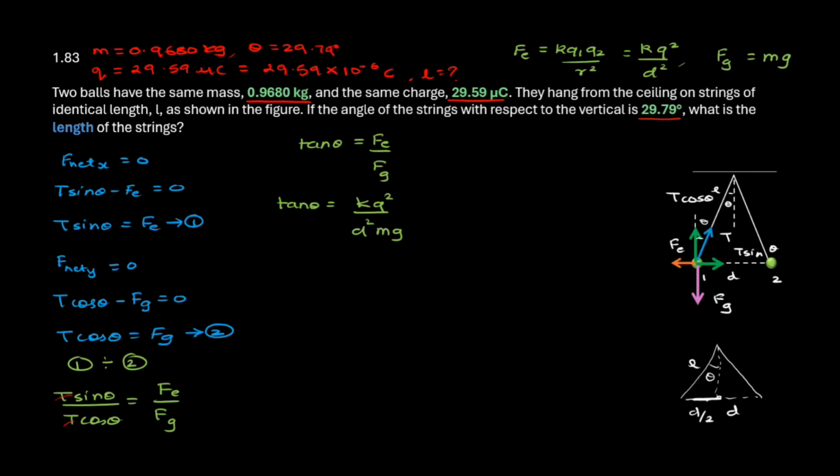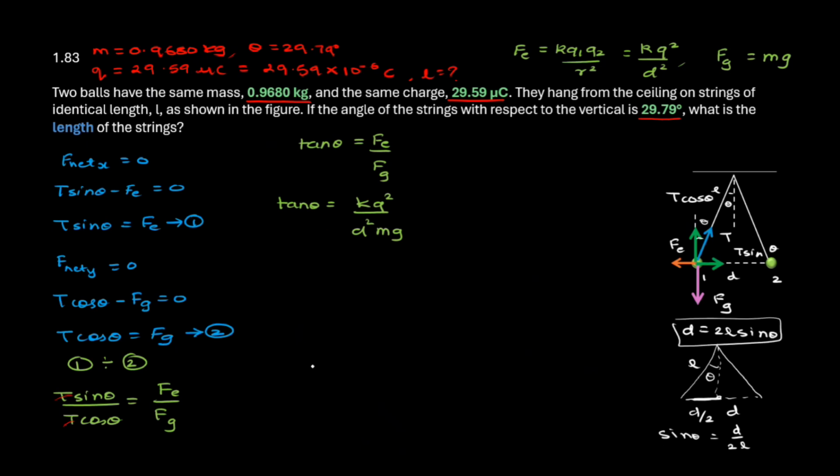Since d by 2 is opposite to theta, I can write sine theta equals d by 2 over L, where d by 2 is the opposite side, L is the hypotenuse. And when you rearrange this, you get d equals 2L sine theta.